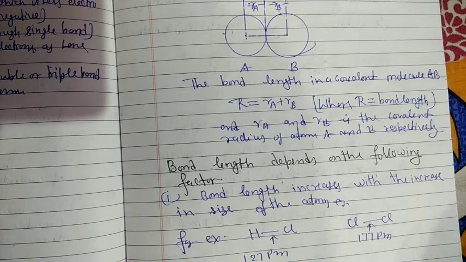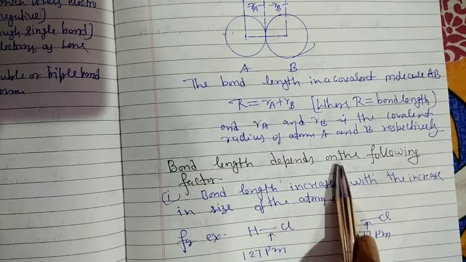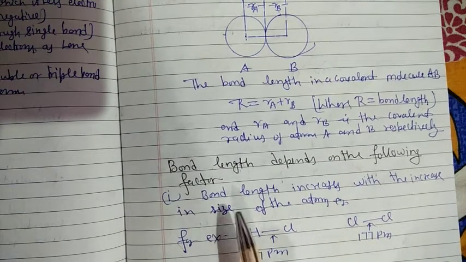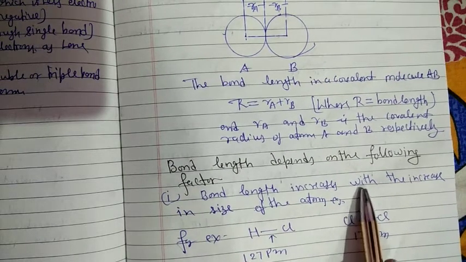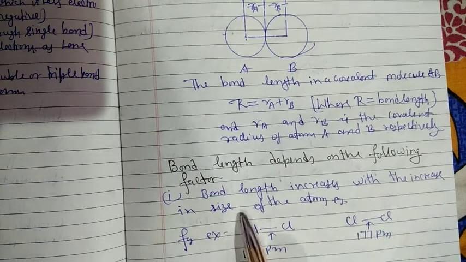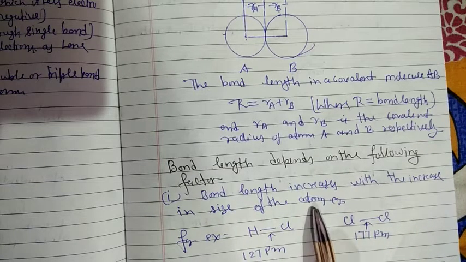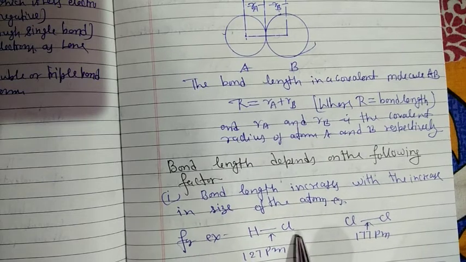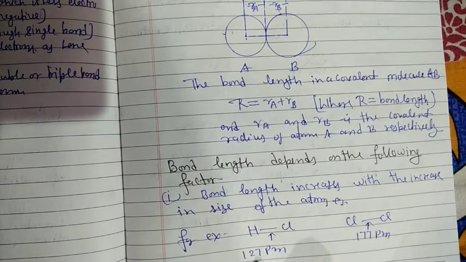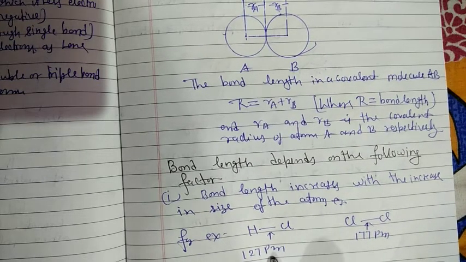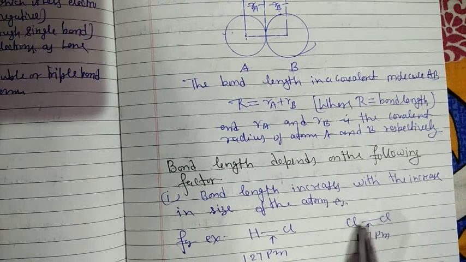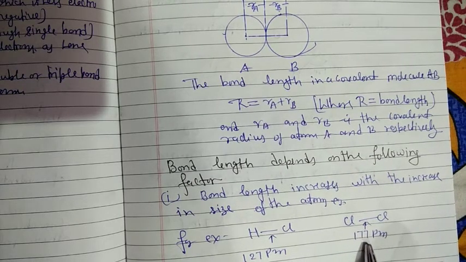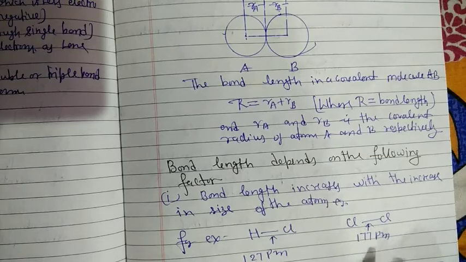Then, how is bond length affected? Bond length depends on the following factors. First, bond length increases with the increase in size of the atom. For example, in HCl the bond length is 127 picometer, but in ClCl the bond length is 177 picometer.